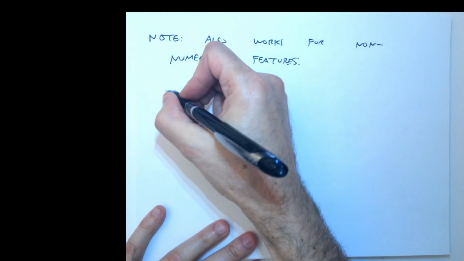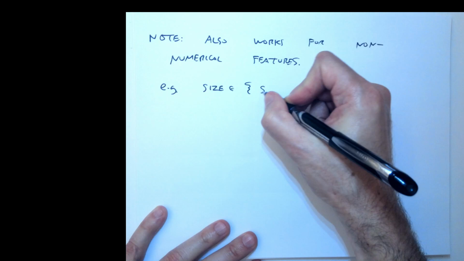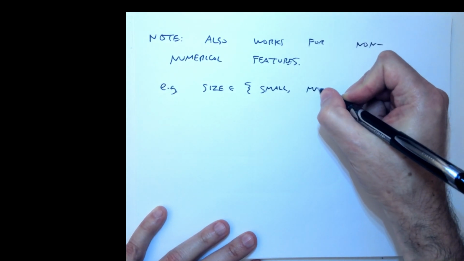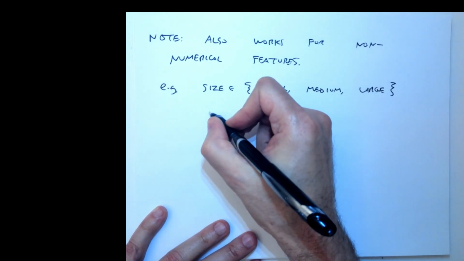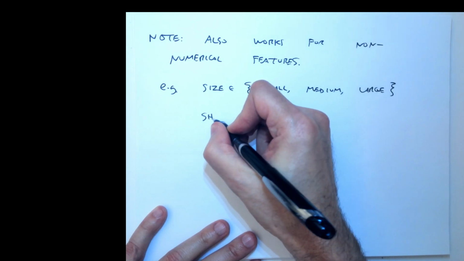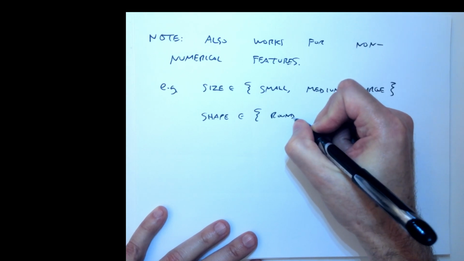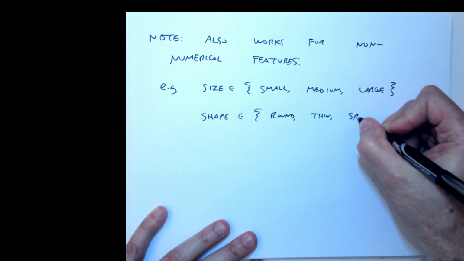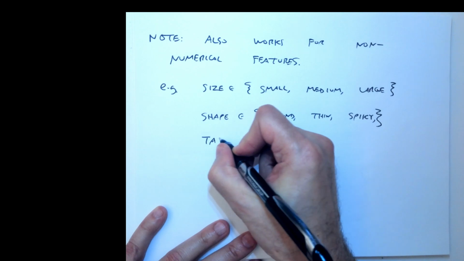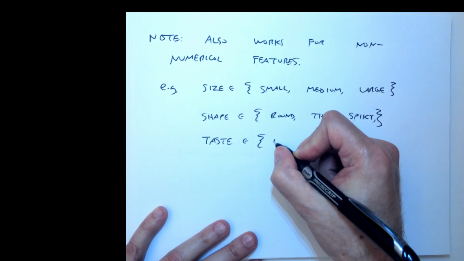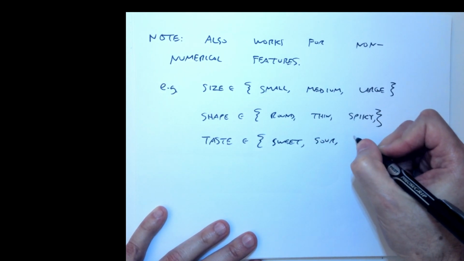I could say something like, the size of the fruit, I could just have these bins that are small, medium, and large. And then shape could be round, thin, spiky, something like that. And I could have taste be on the range of sweet or sour, and so on, right?